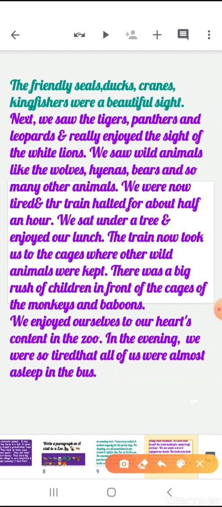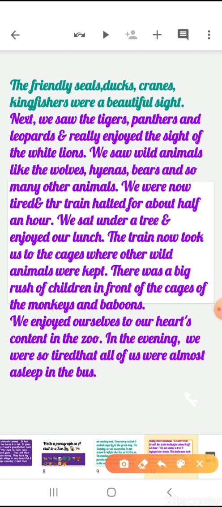Next, we saw the tigers, panthers, leopards, and really enjoyed the sight of white lions. We saw wild animals like wolves, hyenas, bears, and so many other animals. We were now tired, and the train halted for about half an hour.